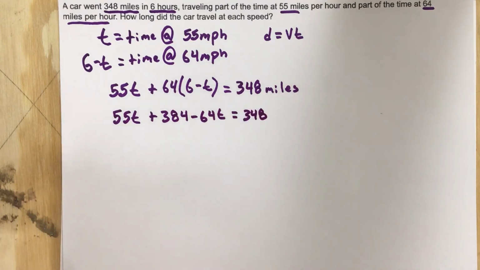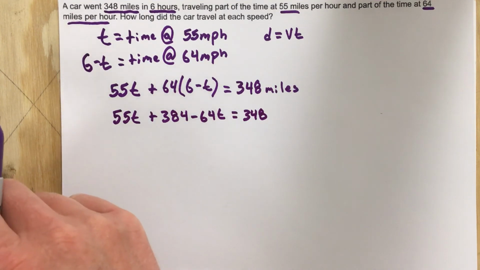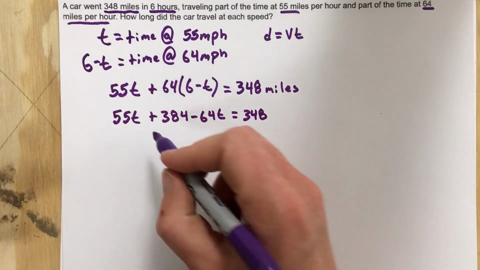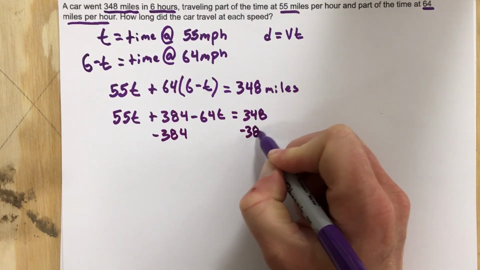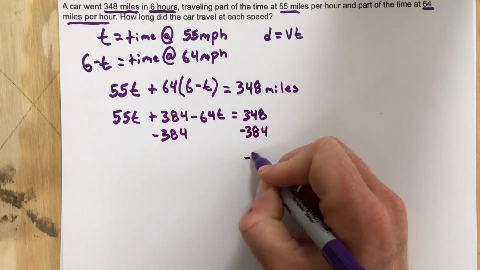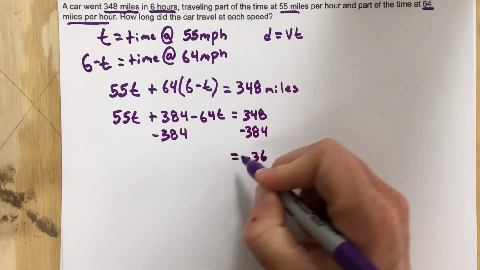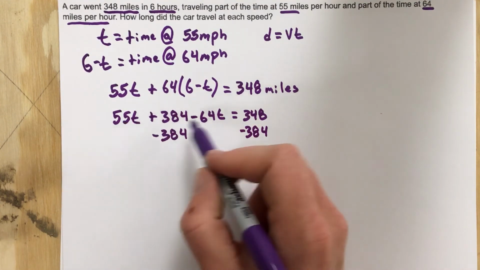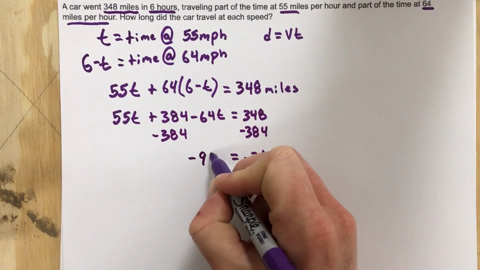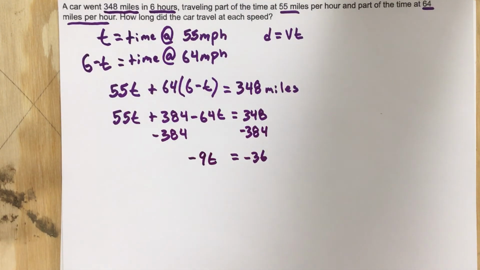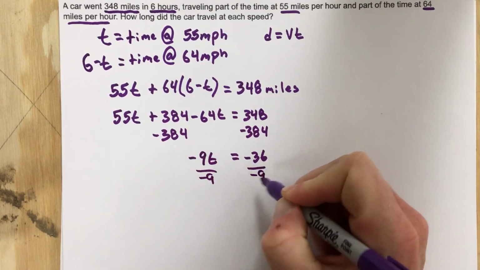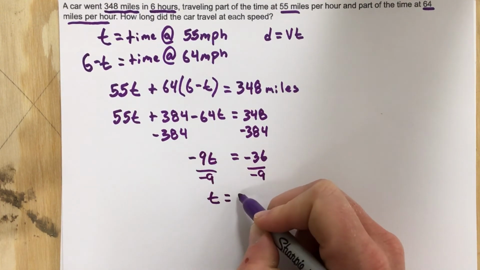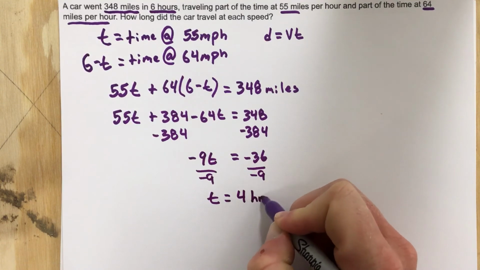We're going to subtract the 384 across from both sides, so minus 384. And that gives you negative 36 equals, when we combine these together, negative 9t. Divide by negative 9, and t equals 4. And that'd be 4 hours.